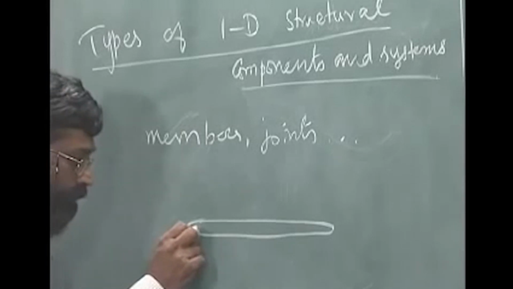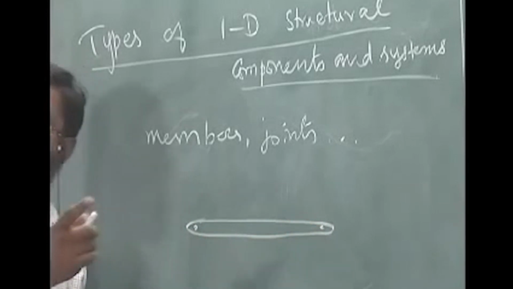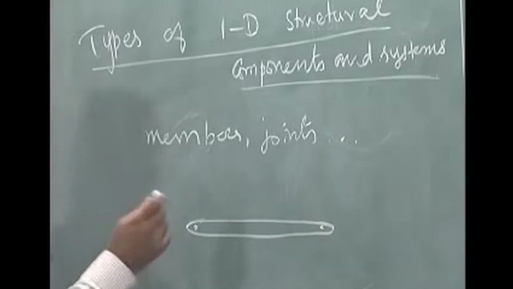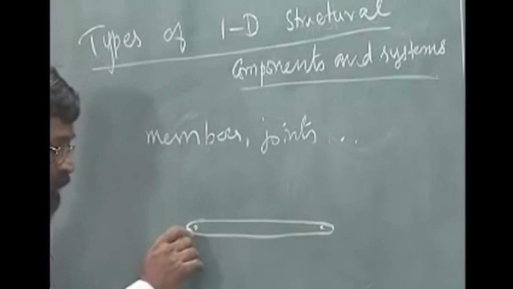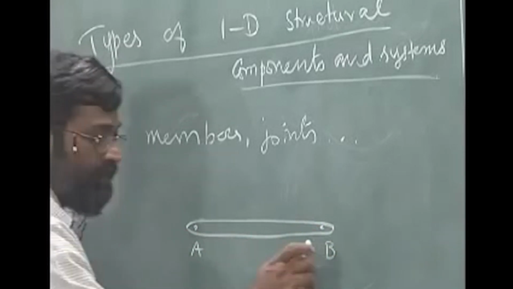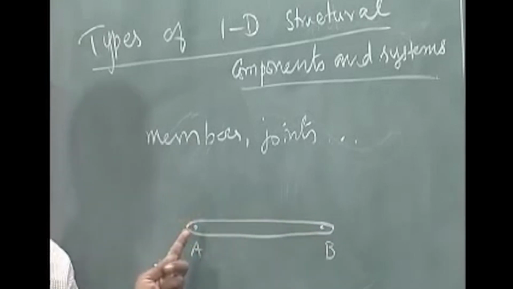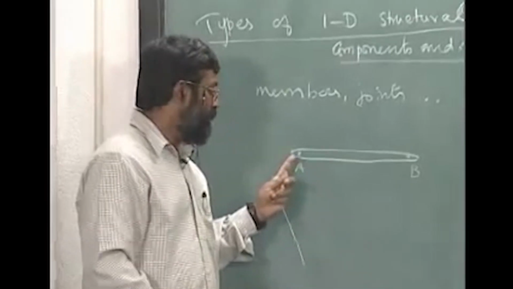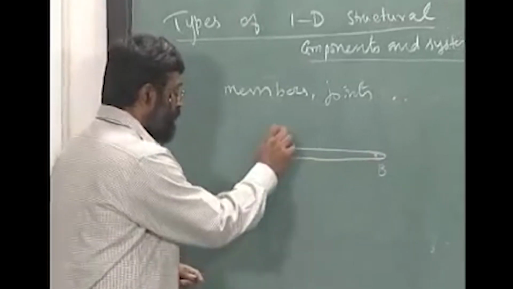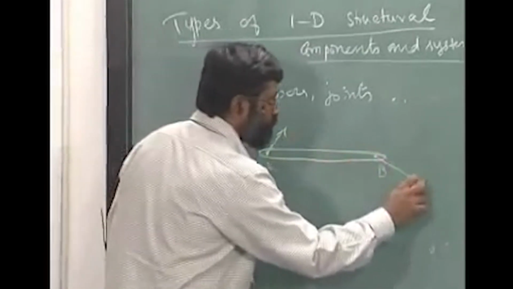We will look at one particular type of force action. Supposing I know that for this particular straight 1D bar, only force resultants are going to act at A and B, say something like this.